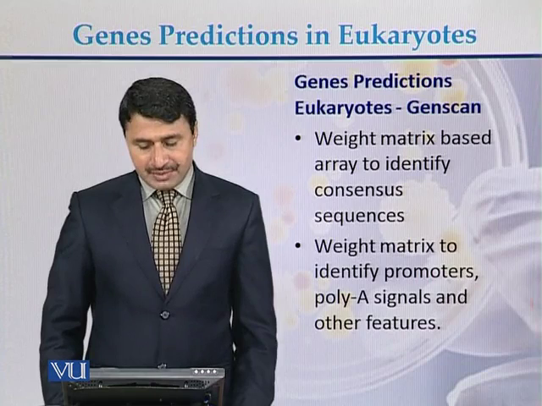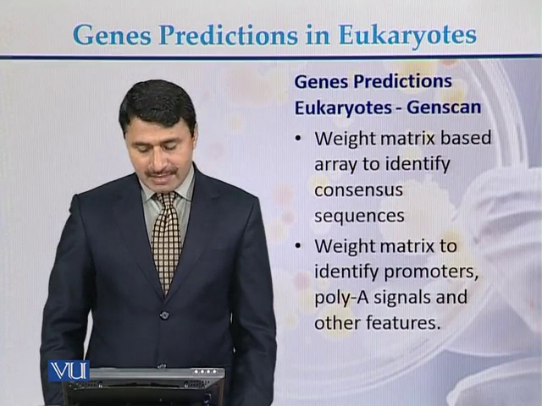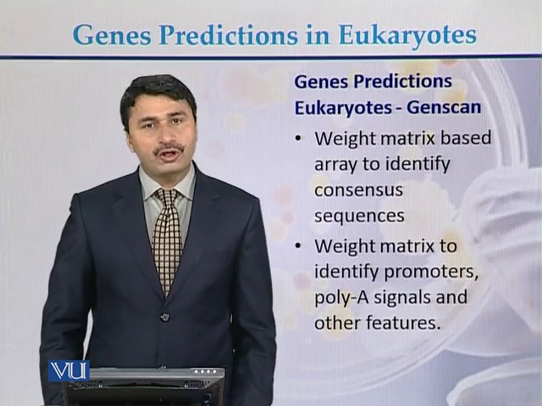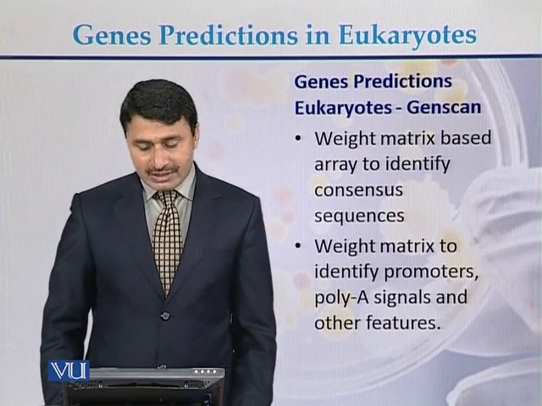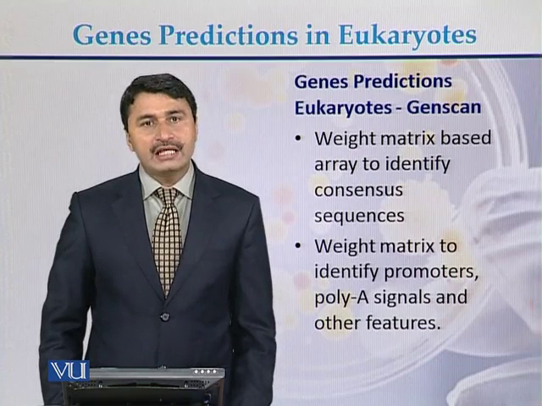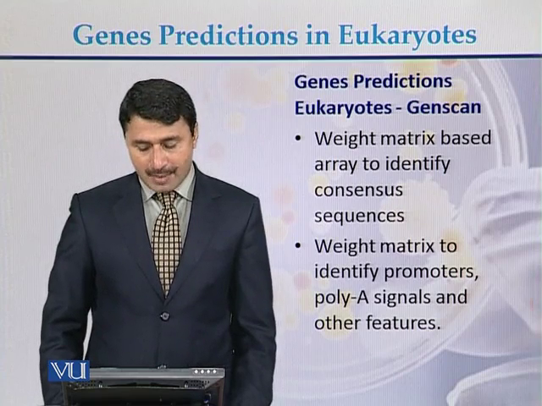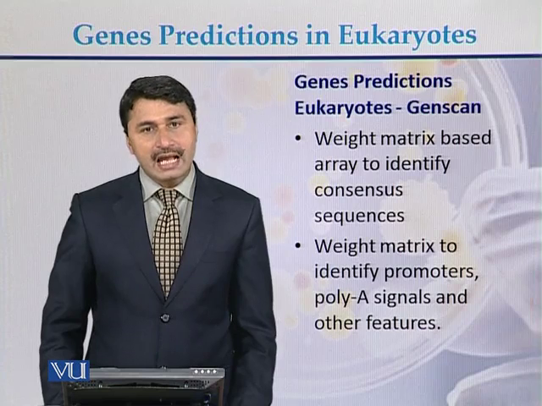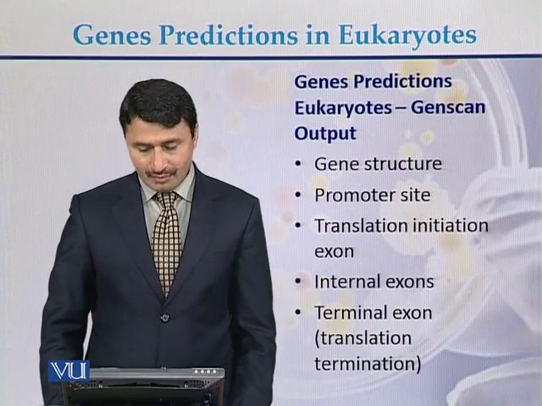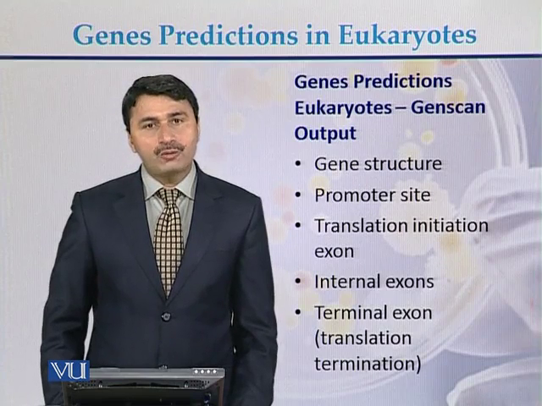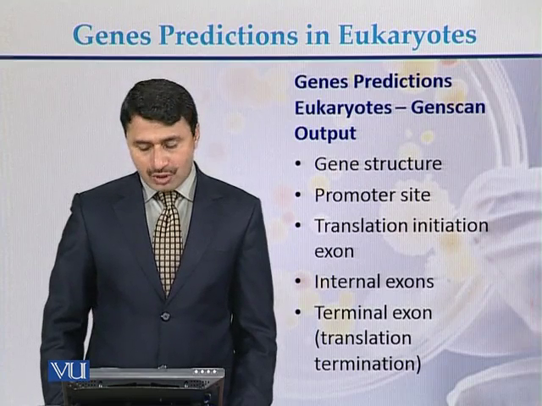A weight matrix based array is used to identify consensus sequences, and a weight matrix to identify promoter and poly A signals and other features. This means that with the help of GENSCAN, it also scans for promoter sequences as well as poly A tail sequences. What are the outputs of the GENSCAN tool?